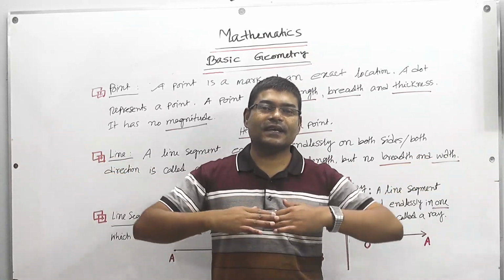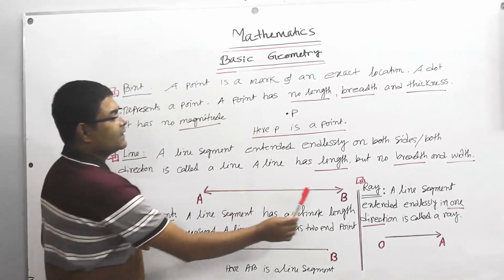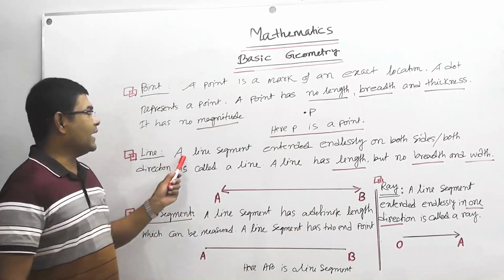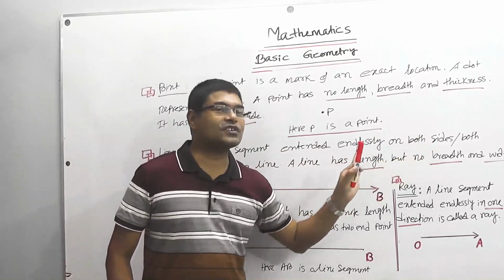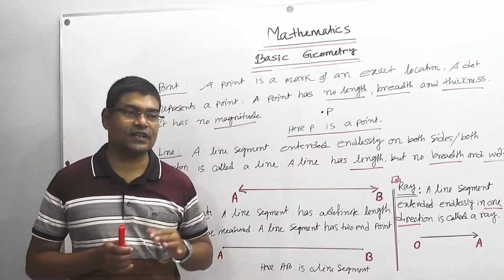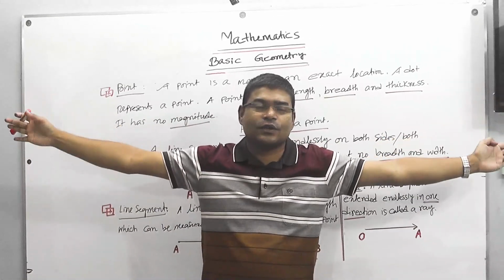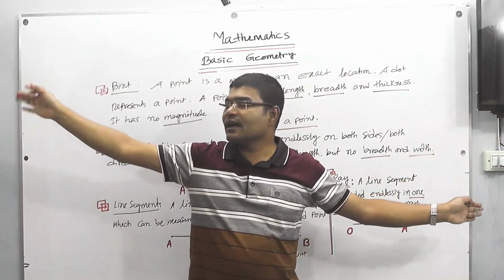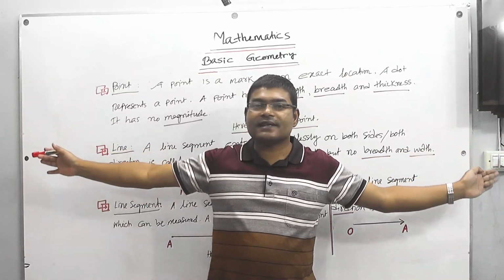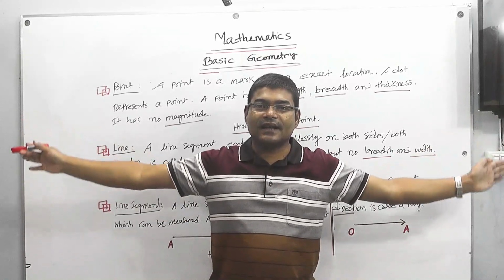A line is extended endlessly on both sides, or both directions. This side is the left side and this is the other side. Two sides are always open. So this is a line.